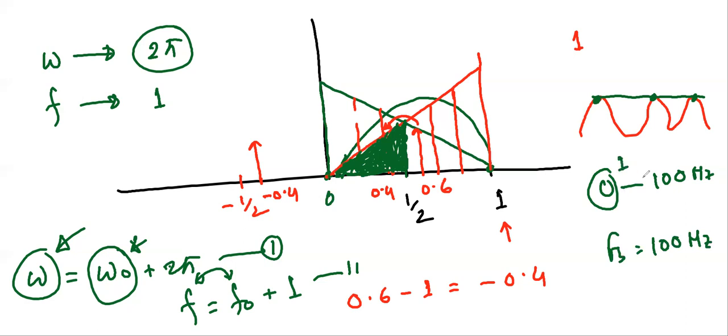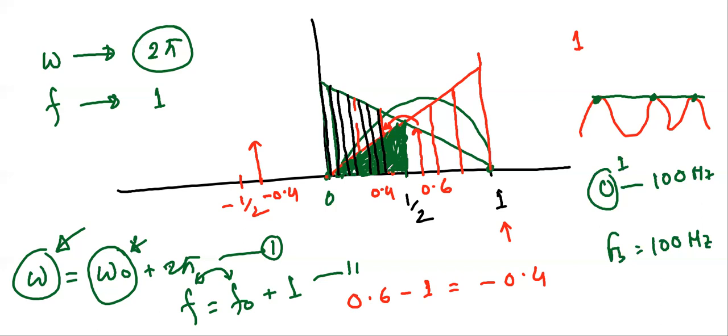Say 1 hertz divided by 100 hertz, it stays there, no problem. I can use the black lines. So no problem, no problem, and you keep going with no problem.